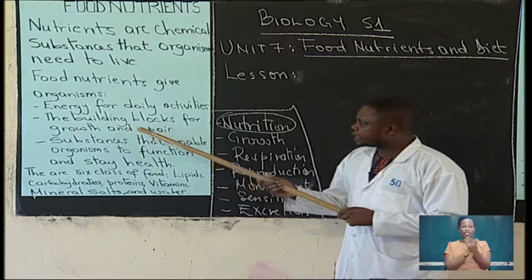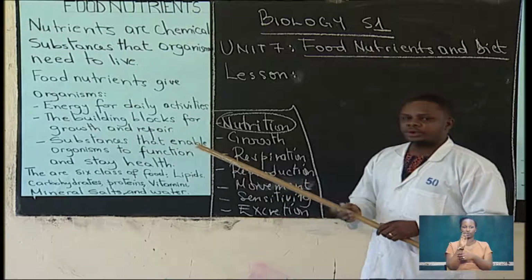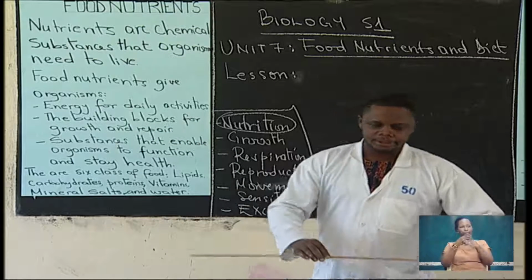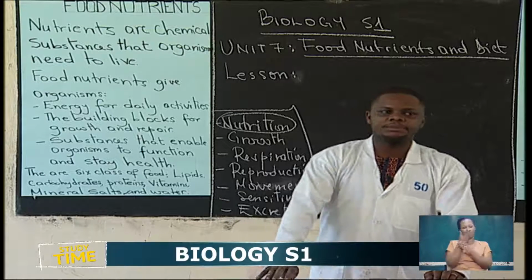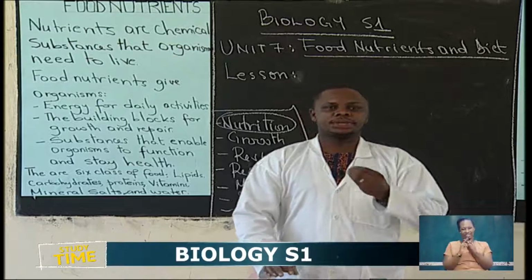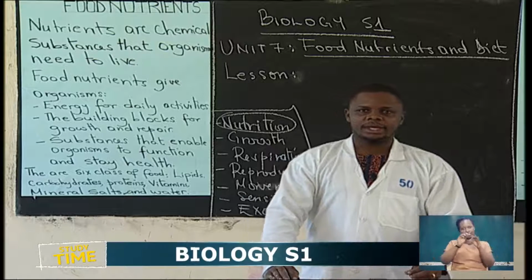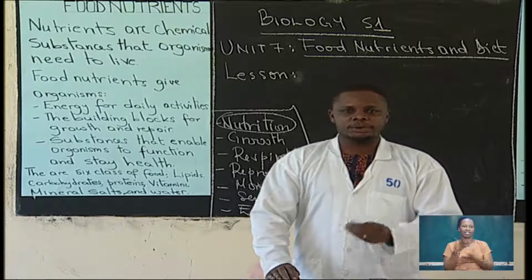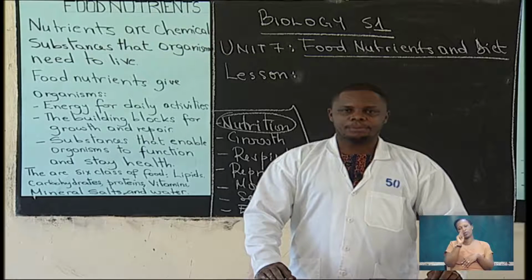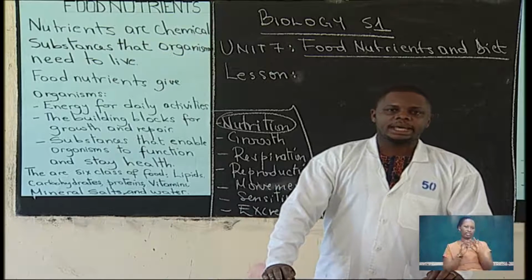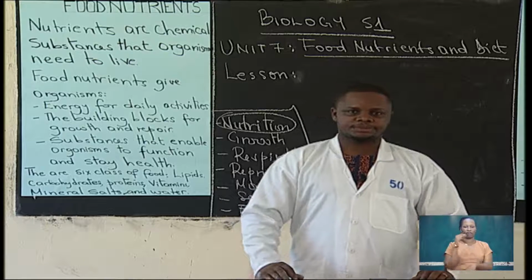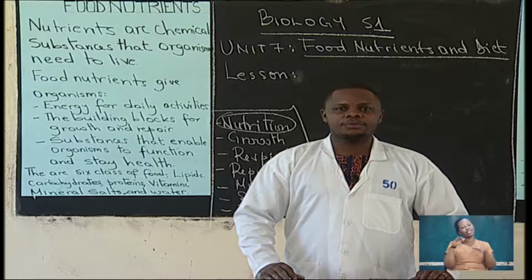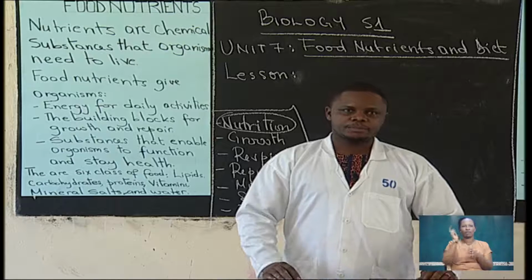Some of the food nutrients are building blocks for growth and repair. What does it mean when we say building block? That means important unit. Okay? The important or the simple units which are very important. Example, when we have glucose, or when we have what we call proteins.